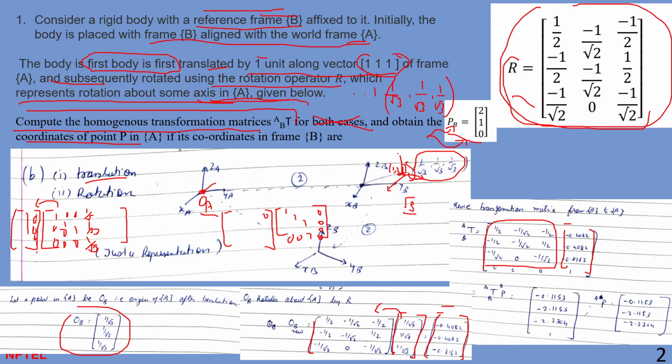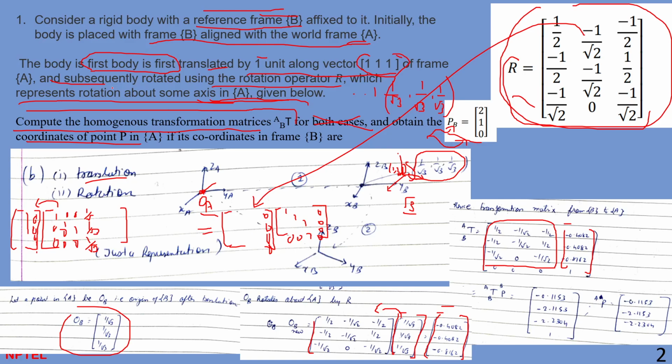In the rotation matrix, the translation part will be 0, and the same rotation part will come here. You can do it this way also. There are two ways you can choose.